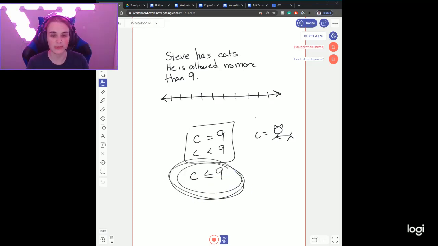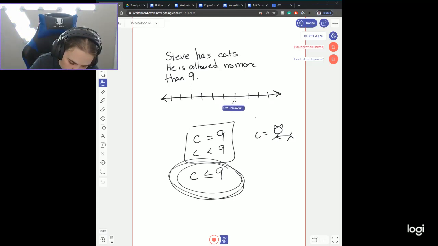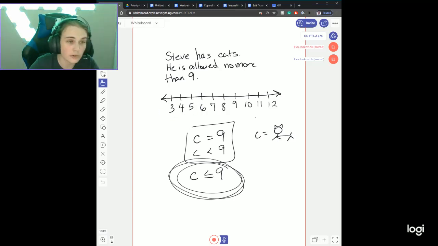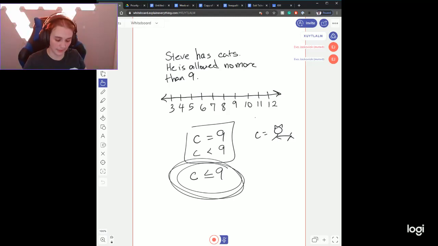That's what we need to put on this graph. We need to show that on a number line. So I'm going to put the 9, it doesn't really matter where it goes. Now we're not going to worry about negative cats in this scenario. That is a thing we can graph, but I'll show you how to show that you can't have negative cats at a different point in the future, okay?